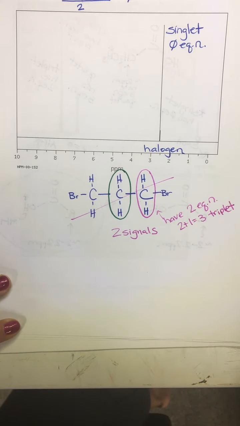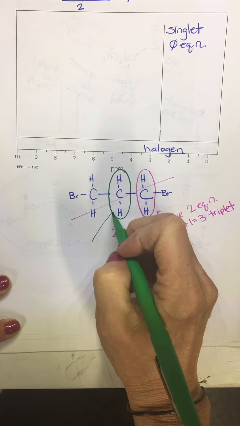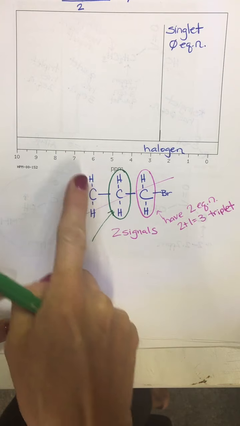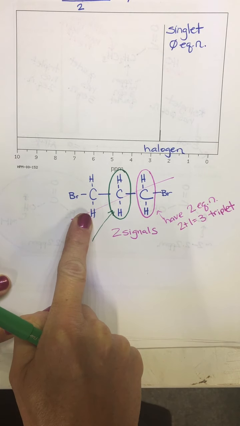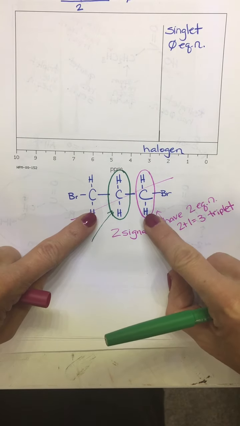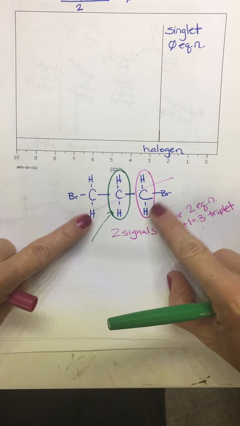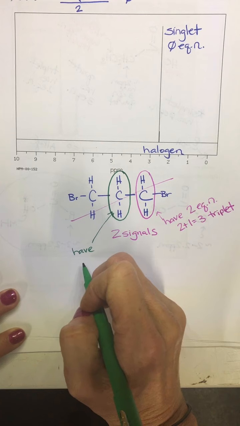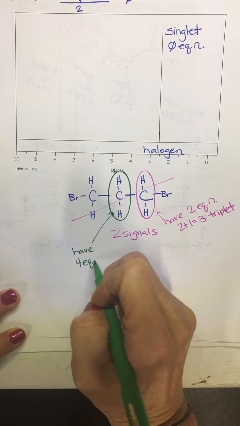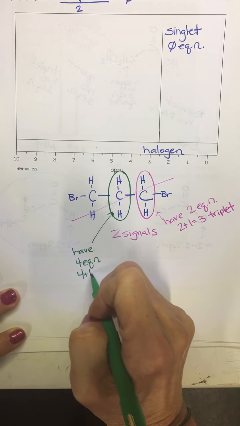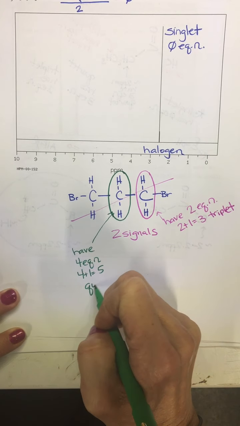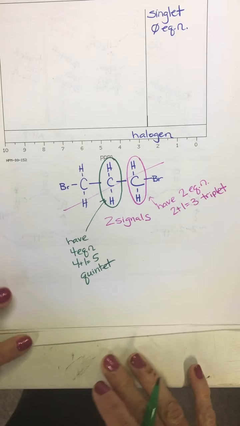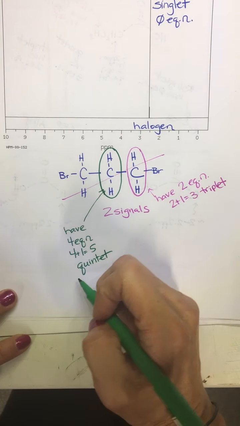Now if we check these hydrogens right here, those 2 hydrogens have 1, 2, 3, 4 equivalent neighbors. And those total of 4 hydrogens are all the same because remember there was symmetry there. So those 2 methylene hydrogens in the middle have 4 equivalent neighbors. 4 plus 1 is 5. So we would be seeing a quintet in that halogen region.